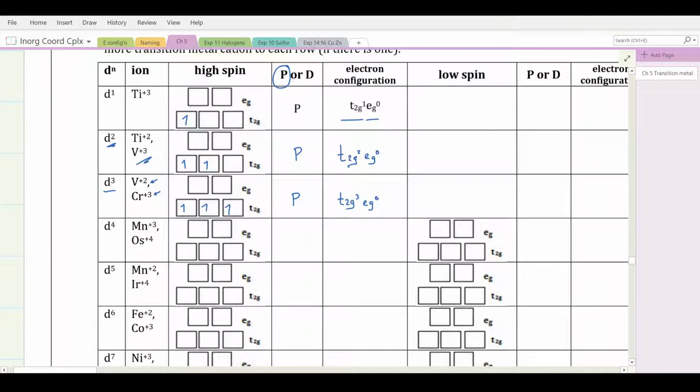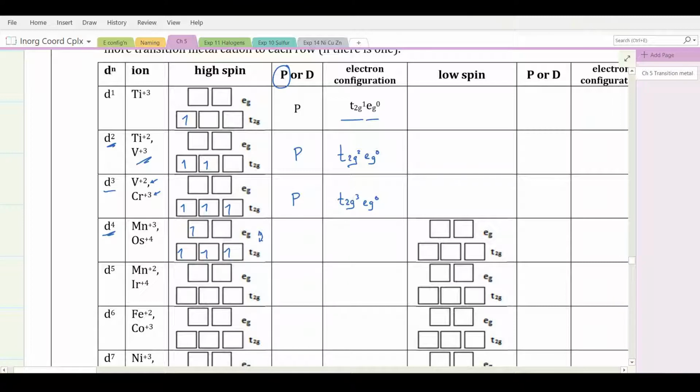If we had an octahedral complex in which the transition metal has 4 d electrons, then we need to consider the strength of the ligand. If we have weak ligands like water or fluoride or bromide, then the octahedral field splitting energy is very small and the pairing energy is greater than the field splitting energy, and the electrons will simply spread out as if all the orbitals were degenerate.